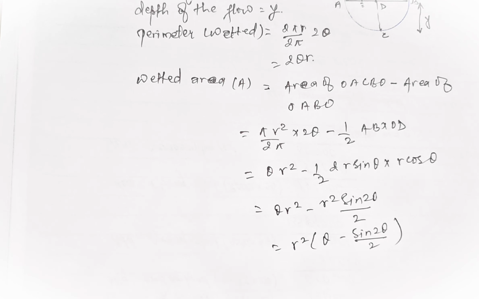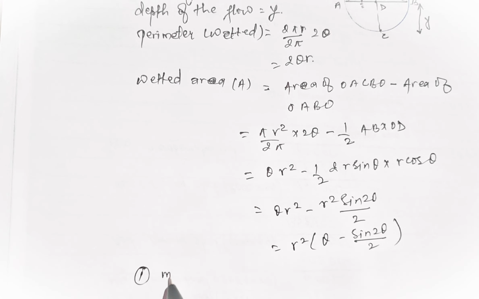After this we'll go to the conditions. The conditions are for the maximum velocity and the maximum discharge. In the first case we'll go to the maximum velocity condition.